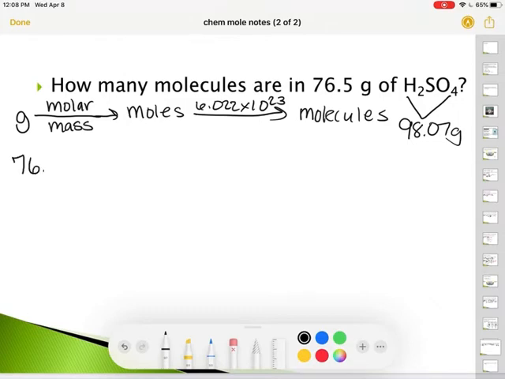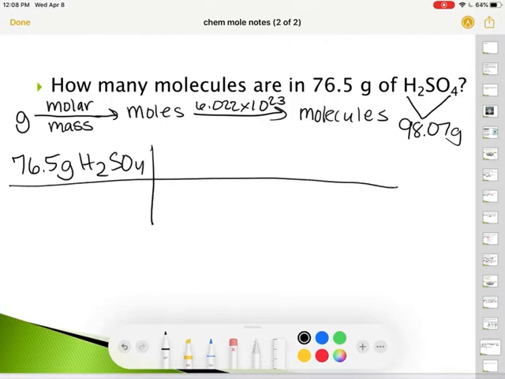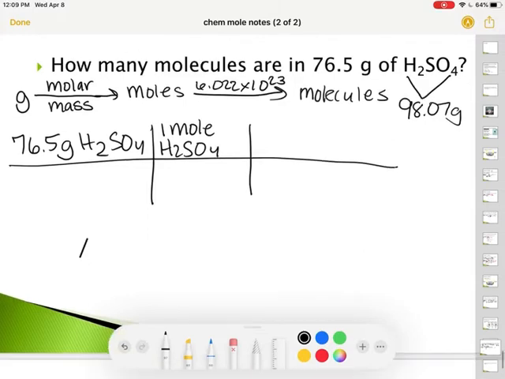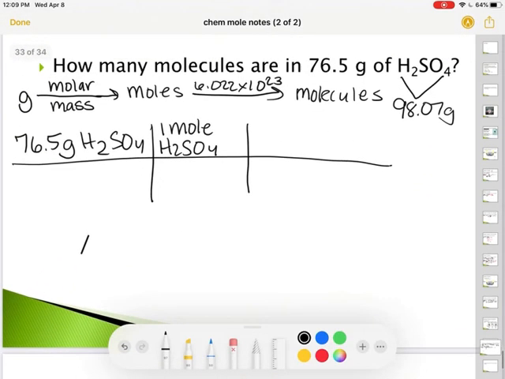So I'm going to start with what I'm given, 76.5 grams of H2SO4, sulfuric acid. I'm going to get rid of grams and get moles. So in 1 mole of sulfuric acid, notice that I'm labeling everything. Okay, I need you to do that too. There are 98.07 grams of H2SO4.